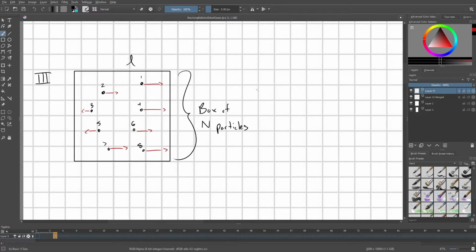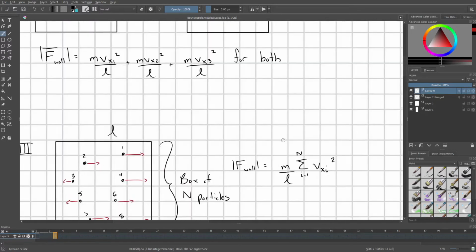And we could generalize this result for the force on one of our walls as basically m over L times the summation from i equals 1 to n of vxi squared. Right?